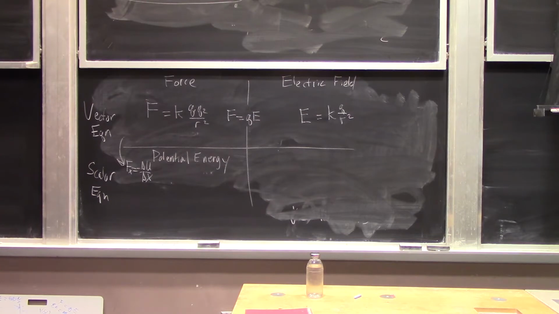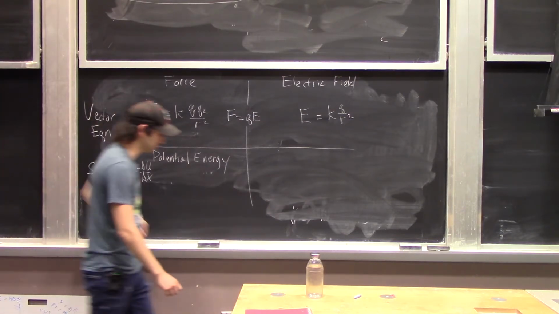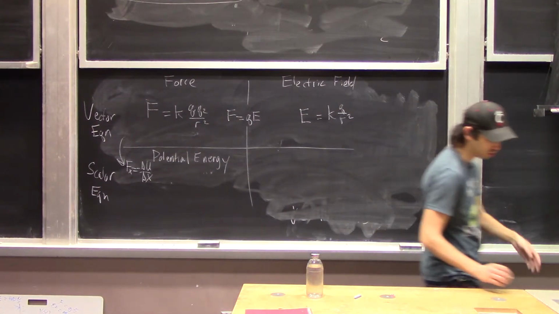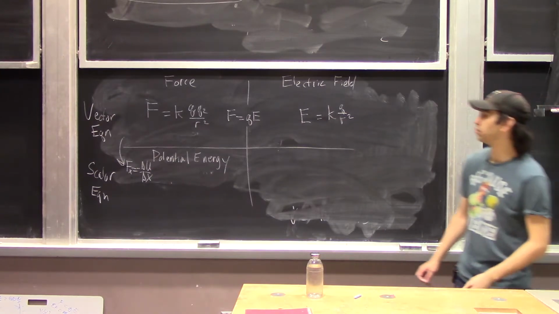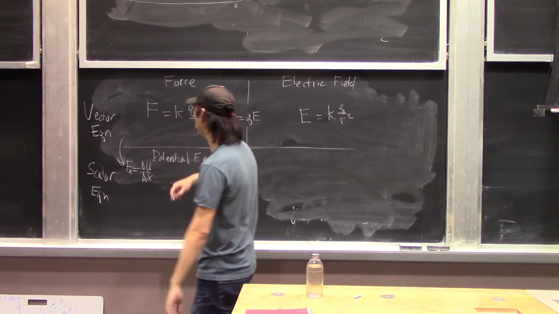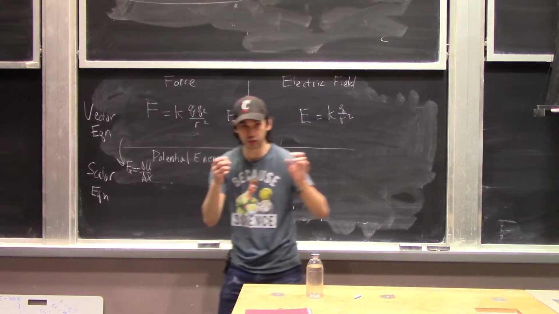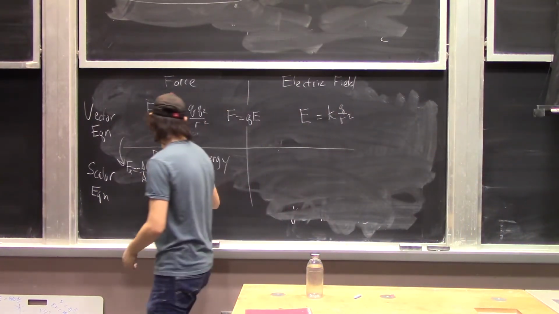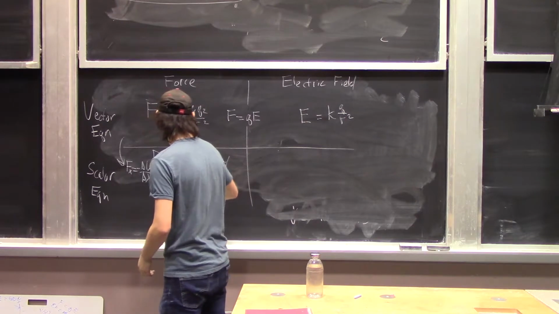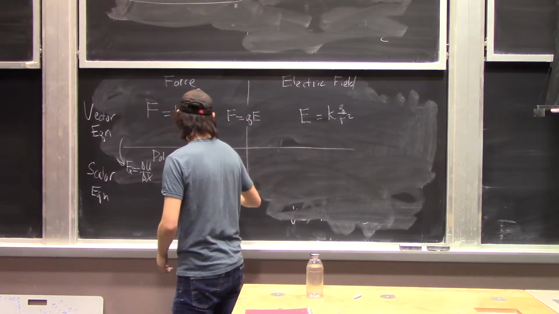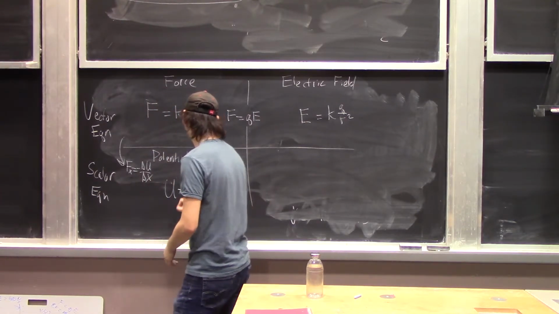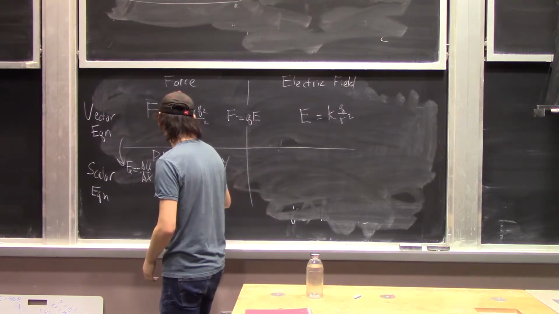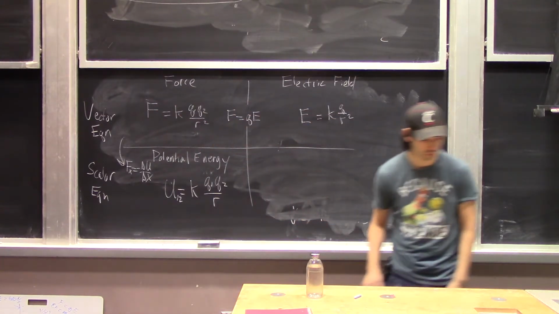Okay? And this is itself an approximation. If you know calculus, you need to use derivatives in order to show the next step that I'm going to write. But if I want to write what the potential energy is between two charges, what that says is that U is going to be equal to K Q1 Q2 divided by R. And this is the potential energy between charge 1 and charge 2.